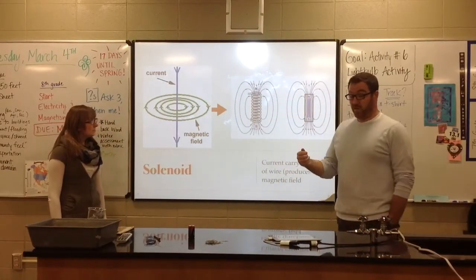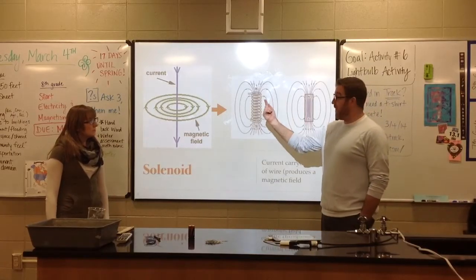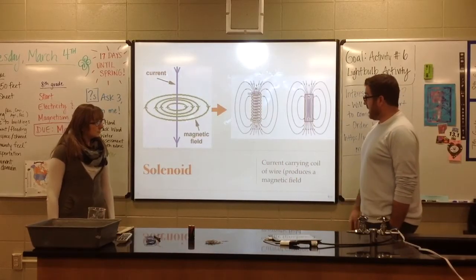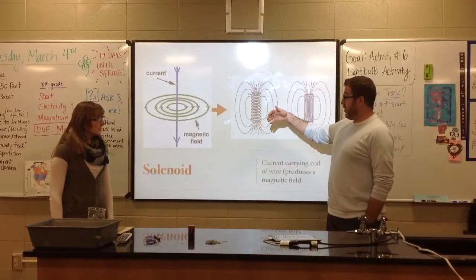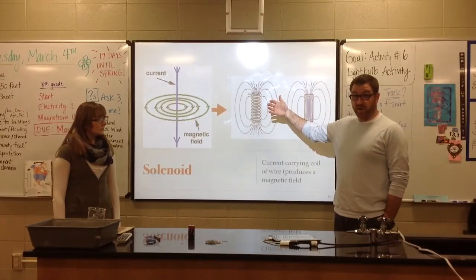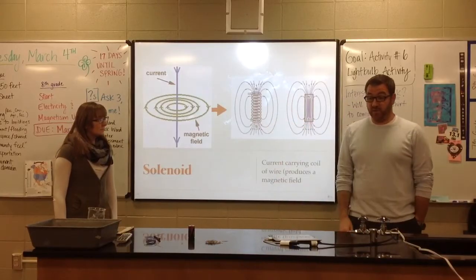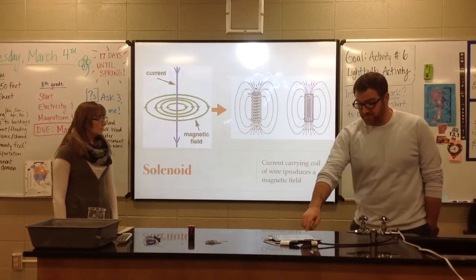We can actually increase the strength of that magnetic field by coiling it up, like we have here in the center image. So again, you have your same principles as a magnet when the current is running through it. You have a north pole and a south pole, and they will behave just exactly like a magnet would.